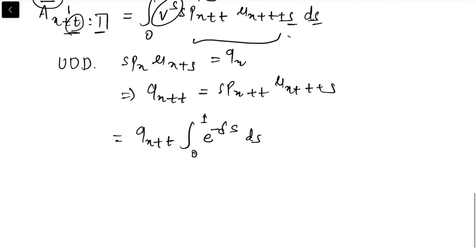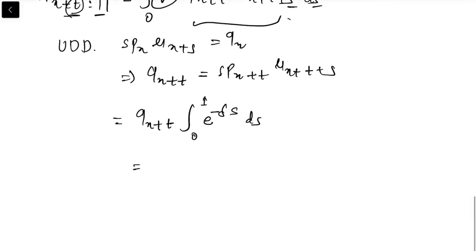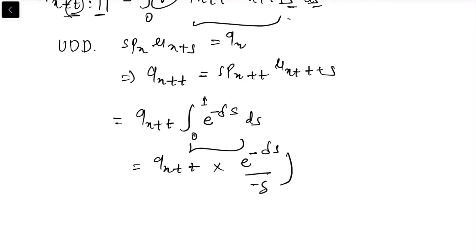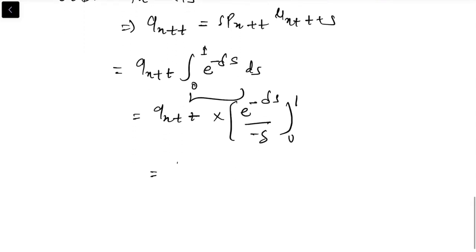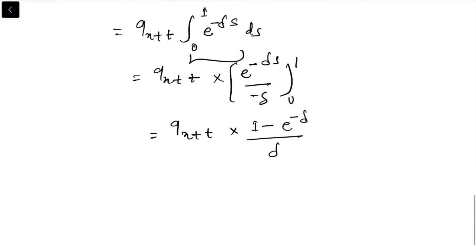Okay, now if we integrate this, we'll get q_{x+t} times e to the power minus δs divided by minus δ, and the limit is 0 to 1. So you'll get 1 minus e to the power minus δ divided by δ. Okay, then we can write q_{x+t} times 1 minus v divided by δ.